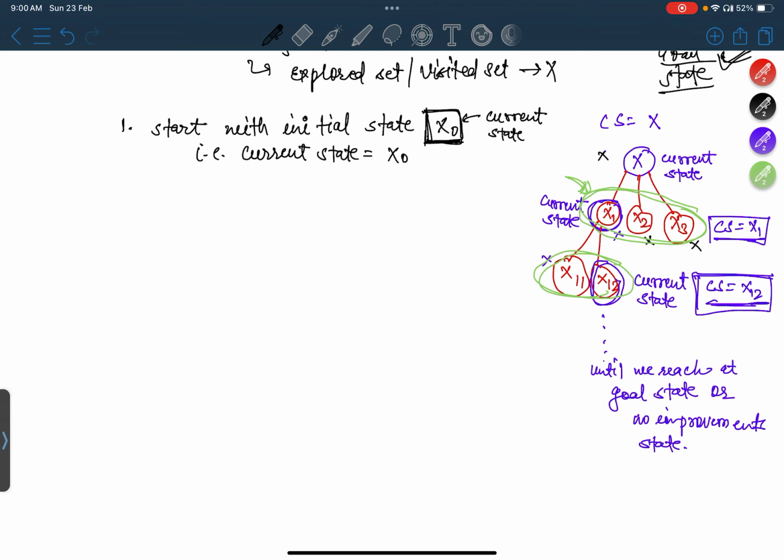Now what? Simply repeat until, so until when should we keep repeating? Until either we find the goal state or not, or we have some other criteria. So repeat until some criteria is satisfied.